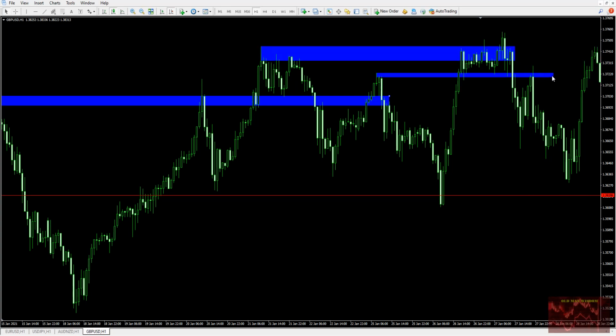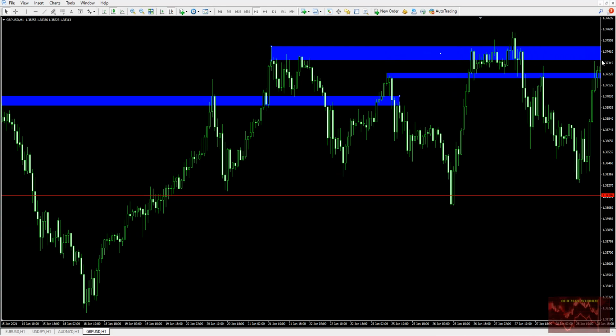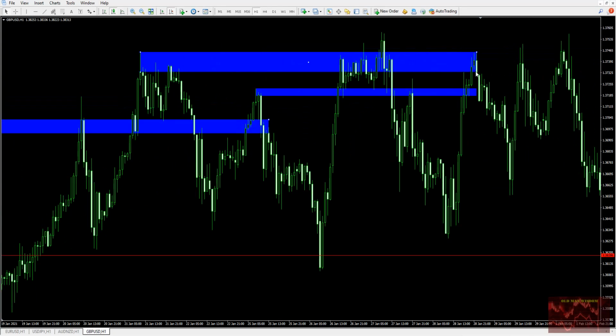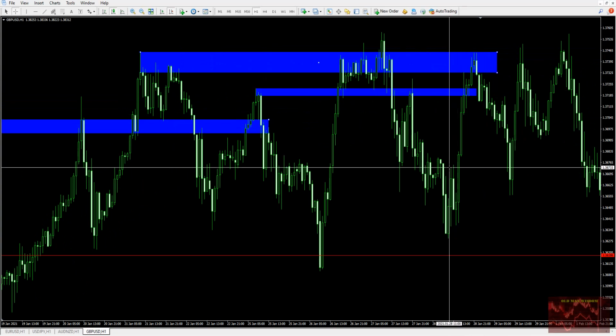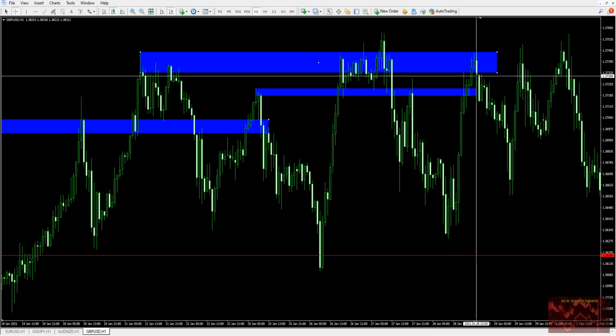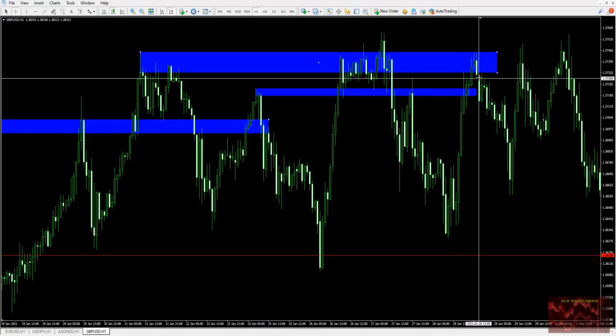What happens is, again, price bursts through this zone and seems to find interest up here again. Now, again, in this zone here, you've got a really big up move, and then you've got 2 downward candles.